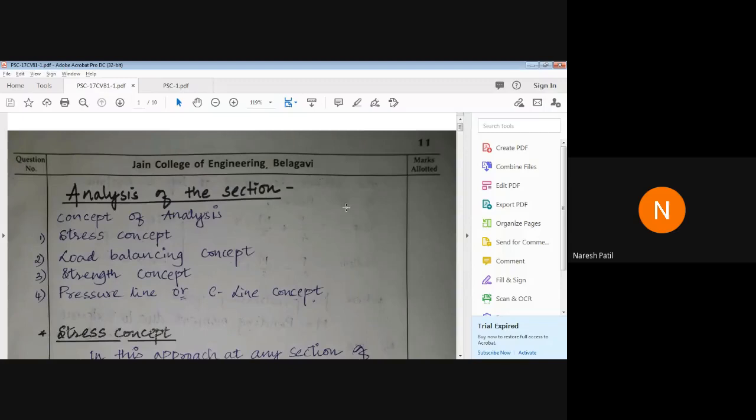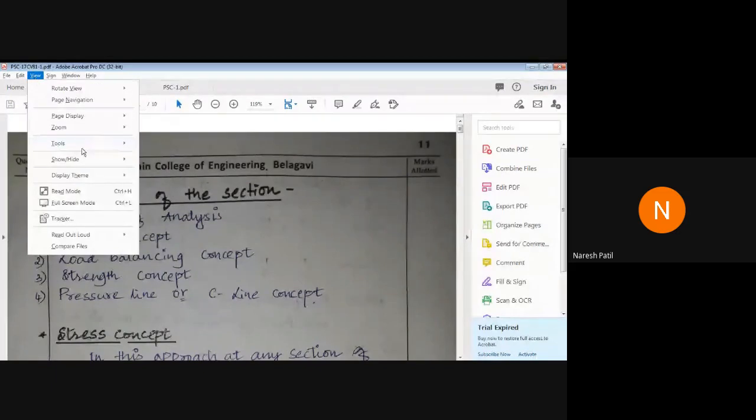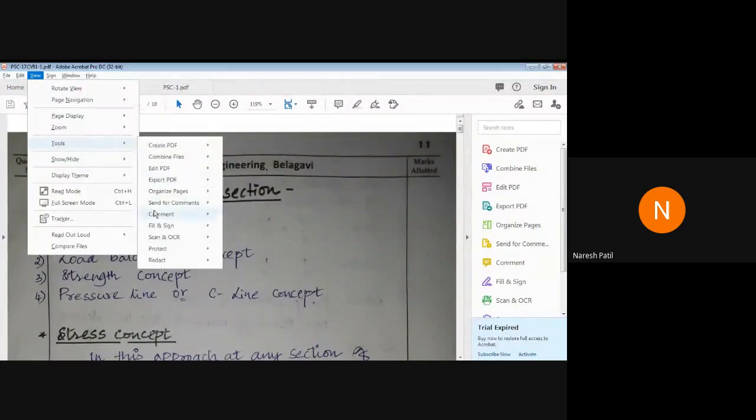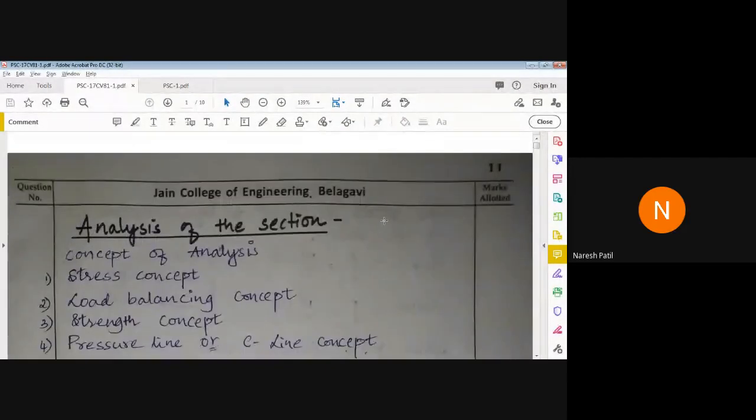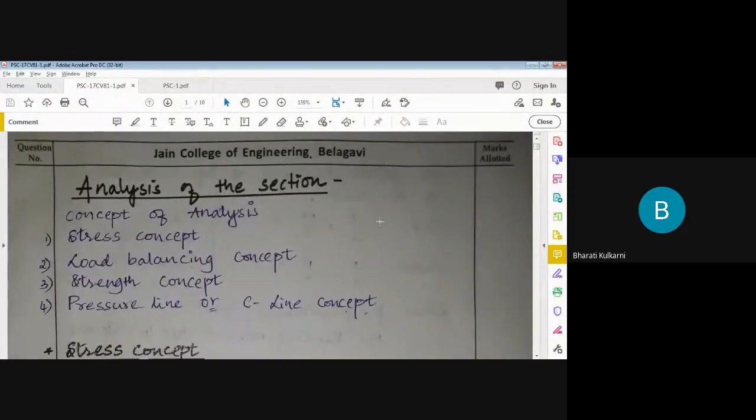Can anyone tell me what you mean by analysis? Sir, determination of member forces. Yes, very good. Determination of member forces.